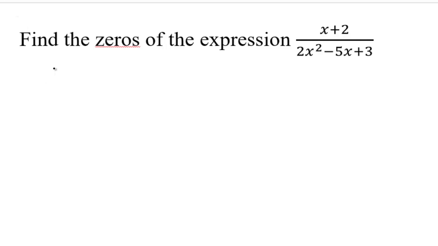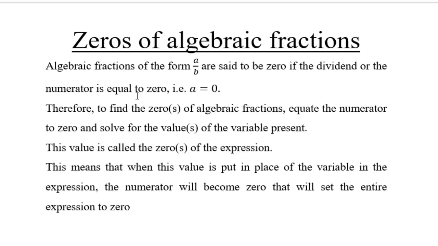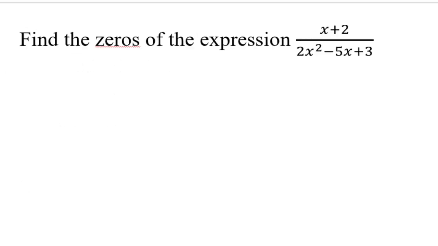Now, there's a question here that says find the zeros of the expression x plus 2 over 2x squared minus 5x plus 3. So let's go back to the notes. To find the zeros of an algebraic fraction, we equate the numerator to 0 and solve for the variable.